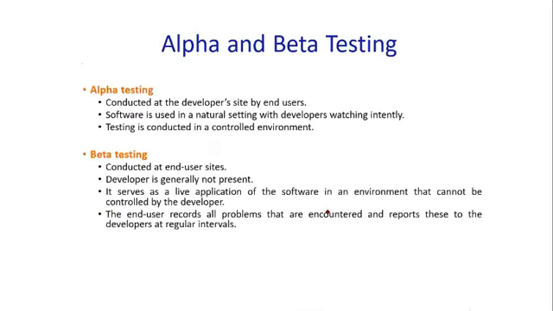And the next is validation testing. Now in validation testing, there are two types of testing, as I told: alpha testing and beta testing.